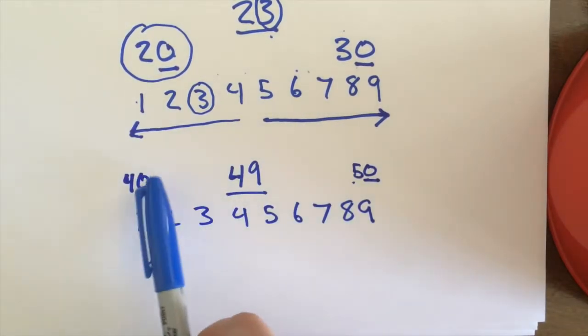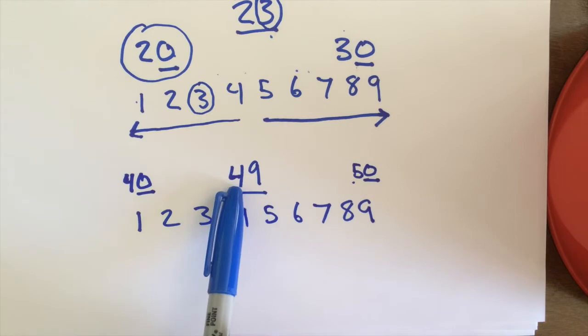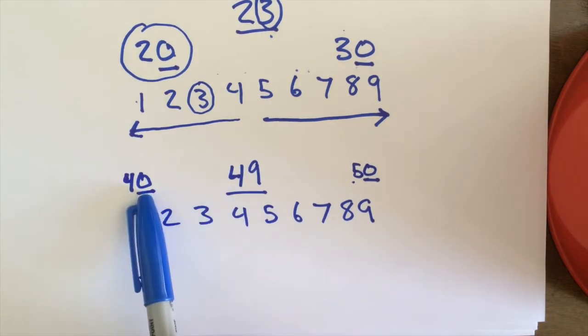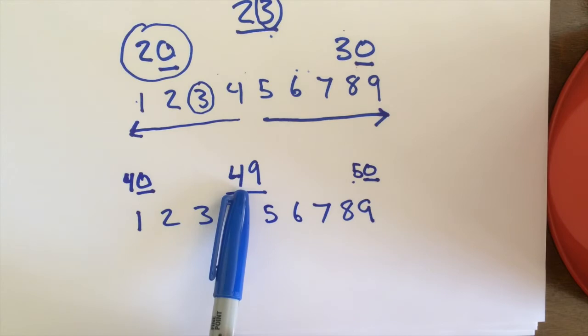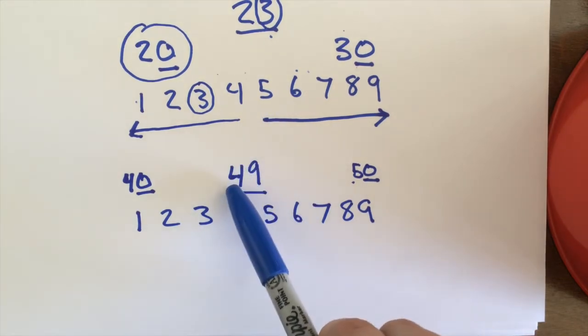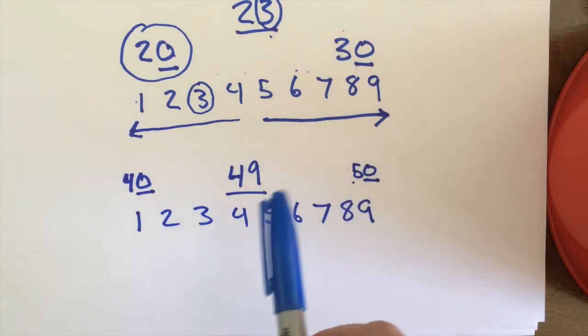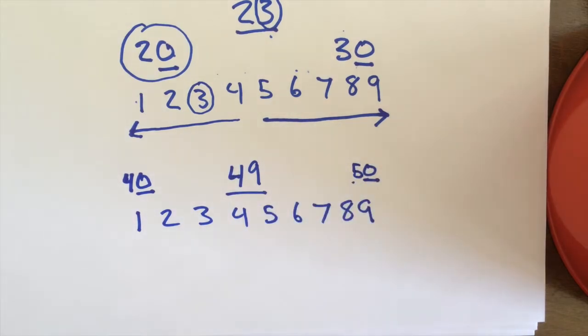A simple way of figuring out the nearest 10 is looking at the tens place. We have the number 4 here in 49 in the tens place. This means that the lowest 10 is going to be 40. To figure out the highest 10, we just need to add 1 to this tens place and then put a 0 on the end. So the highest 10 to 49 is 50.